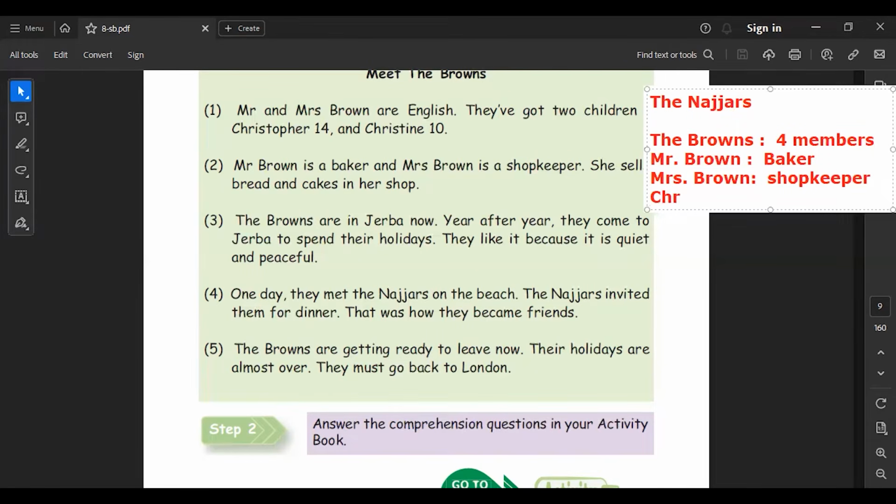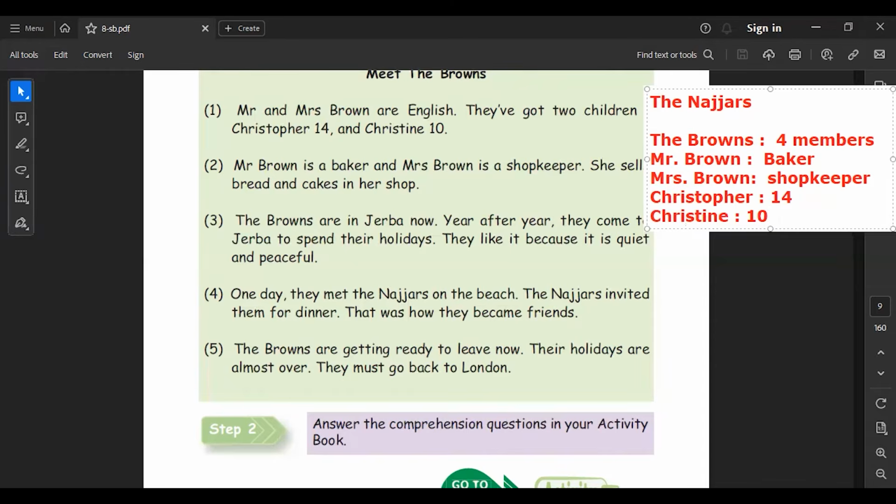We have Christopher, who is 14 years old. And we have the girl who is Christine, who is 10 years old.